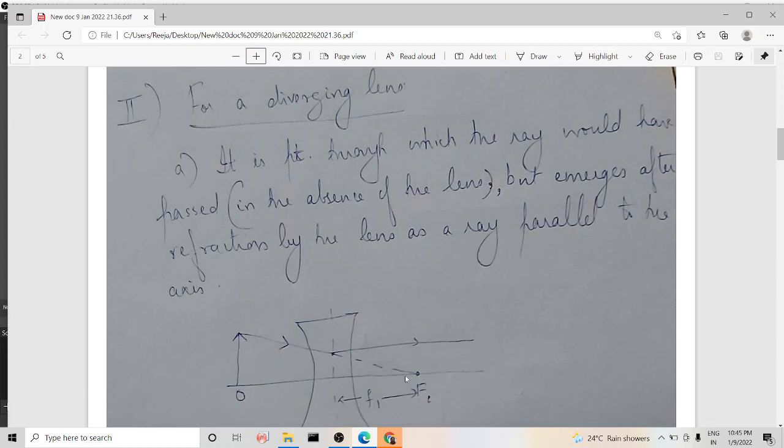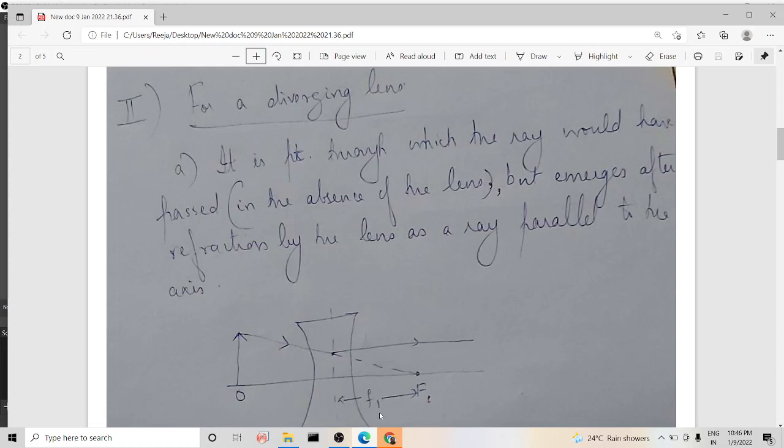So this capital F1 is the first principal focus for a diverging lens, and this length small f1, the distance between the lens and the first principal focus, is also called the first focal length.